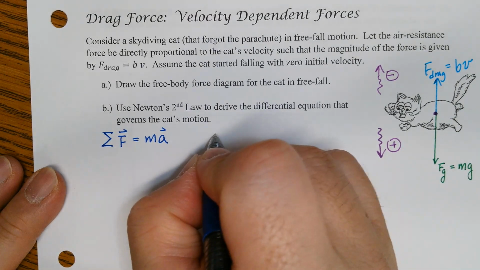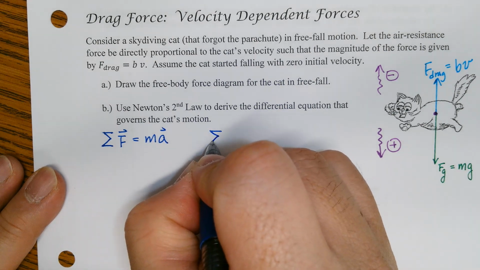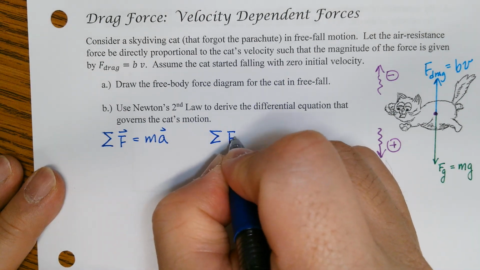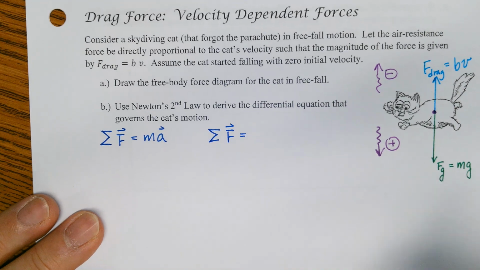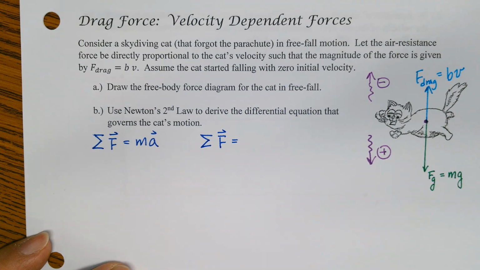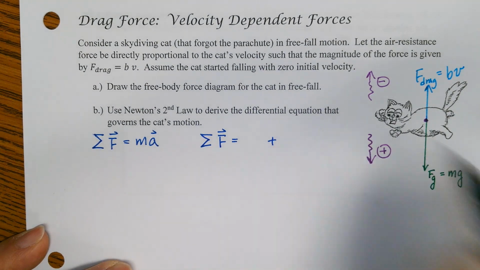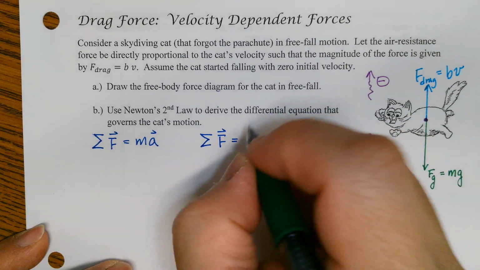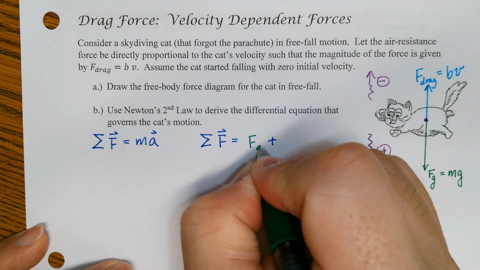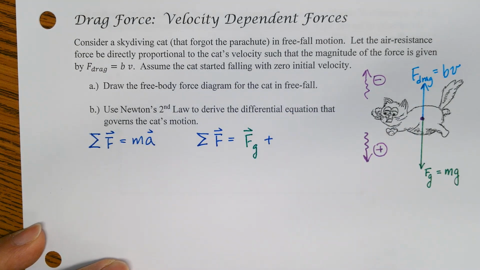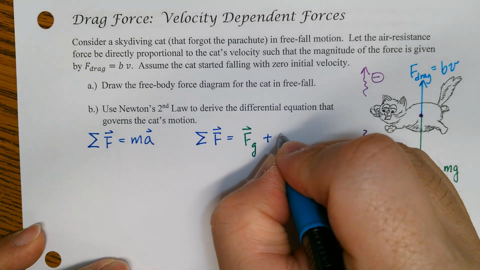Well, we also know the sum of all forces is just adding up all the forces that are involved. And that looks like this: I have two forces. One is the Fg, which is the weight, and the other one is the drag force, F drag.